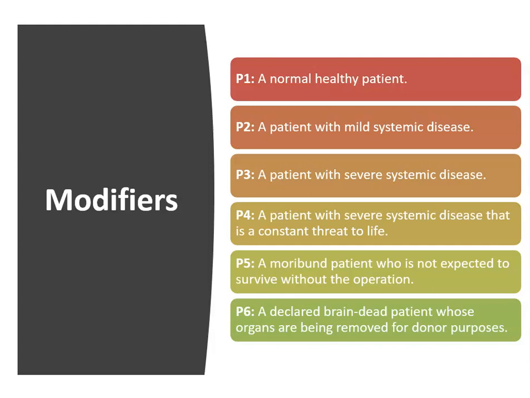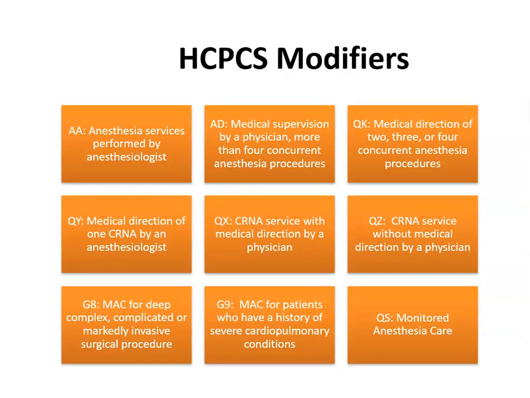Now, other modifiers that we have are in the HCPCS manual. And there are many names for these modifiers, and they're actually reported before the physical status modifiers. So you would be actually reporting two modifiers.